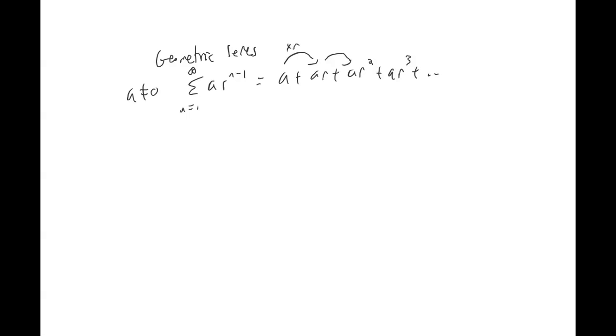How do you go from ar to ar squared? There are many ways, but what's the most obvious way? It's the same as the first to the second. So what do you need to do to go from ar to ar squared?